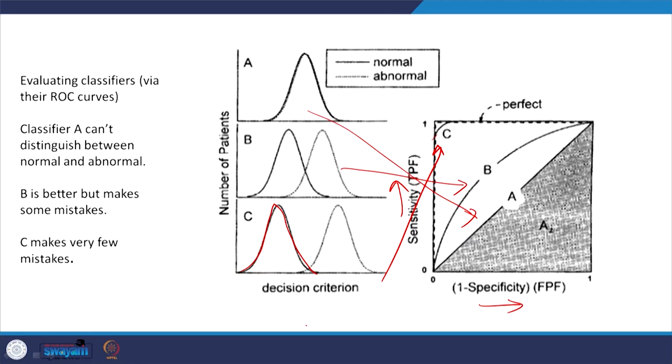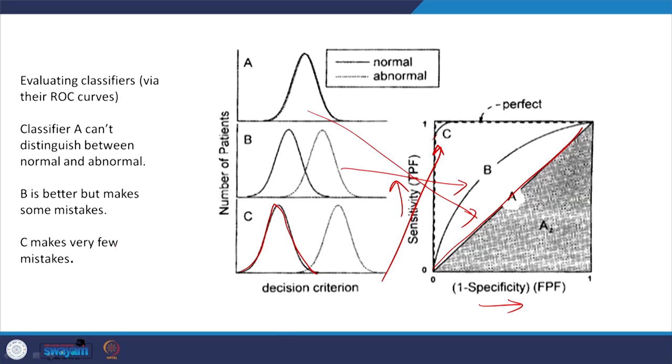Now look at the different conditions, evaluating classifiers via ROC curves. Classifier A, this line, cannot distinguish between normal and abnormal, because the two curves are completely overlapped. The second one, B, is better but makes some mistakes, because there is somewhat of an overlap.